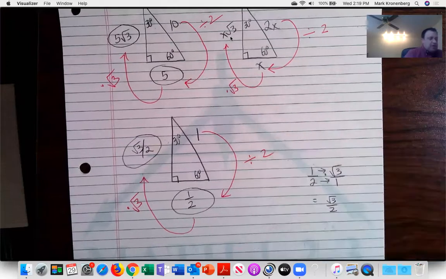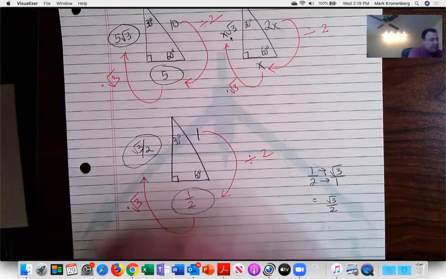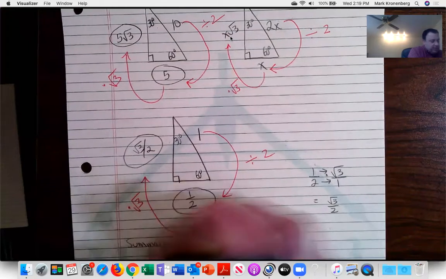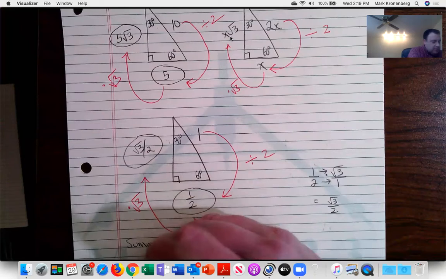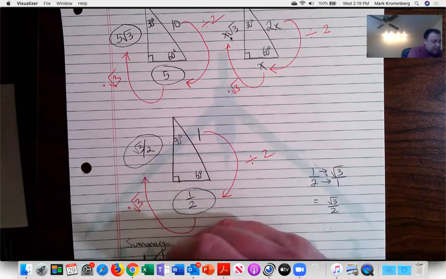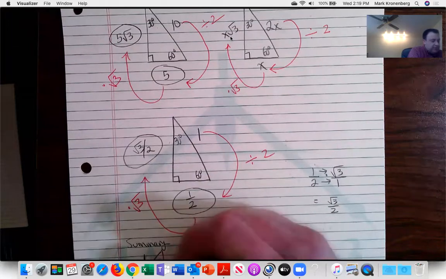Okay. So these are going to be very important numbers in the unit circle. We've seen root 2 over 2 for each leg. Let's just do a quick summary. The 45, 45, 90 triangle: if you have a hypotenuse of 1, then each leg is root 2 over 2.